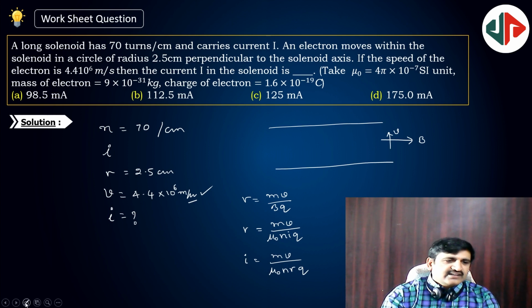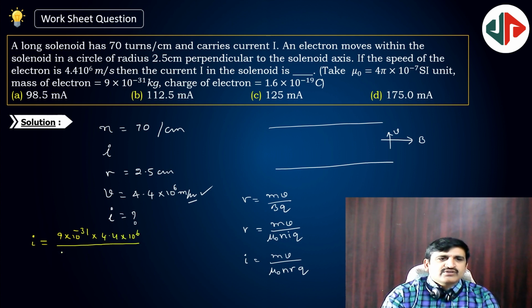Let me change the color for simplification and substitution. I = mv/(mu naught n r q). m = 9 × 10^-31, velocity 4.4 × 10^6, mu naught = 4 pi × 10^-7, n = 70 per centimeter, which is 10^-2, r = 2.5 centimeter, so no need to convert if both are in centimeter. q = 1.6 × 10^-19, the charge of the electron.